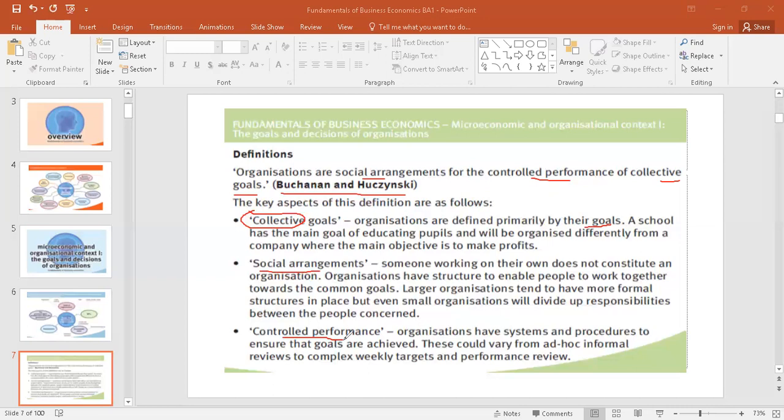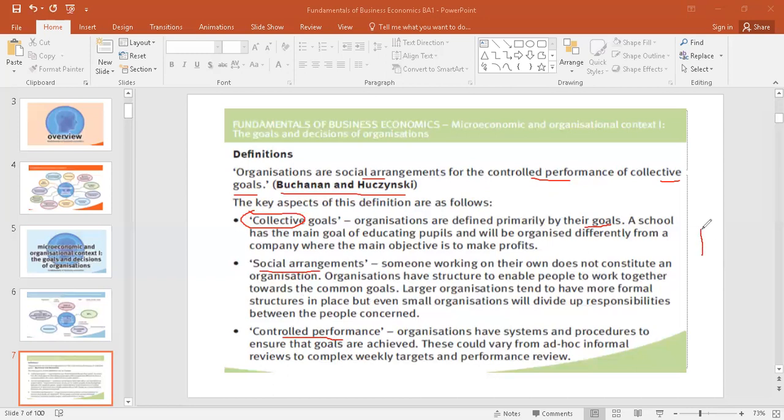So organizations have systems and procedures to ensure that goals are achieved. These could vary from ad hoc informal reviews to complex ones. So if we claim that a group of people may not have the same vision, what has to be done? How can the performance be controlled?